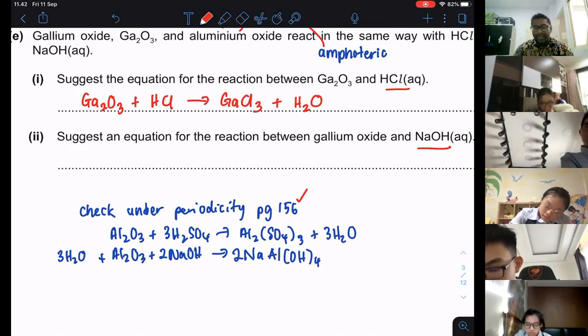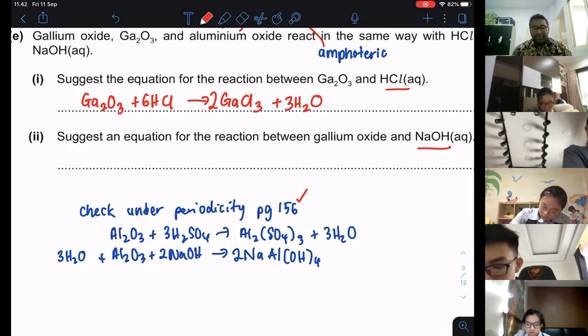I have 2 Ga, so I put 2 there, and that makes the total Cl 6, so I put 6 over here. When I make 6, I'm going to have 6 hydrogen and 3 oxygen, so I put 3 there. Everything is balanced. So you need to balance this.